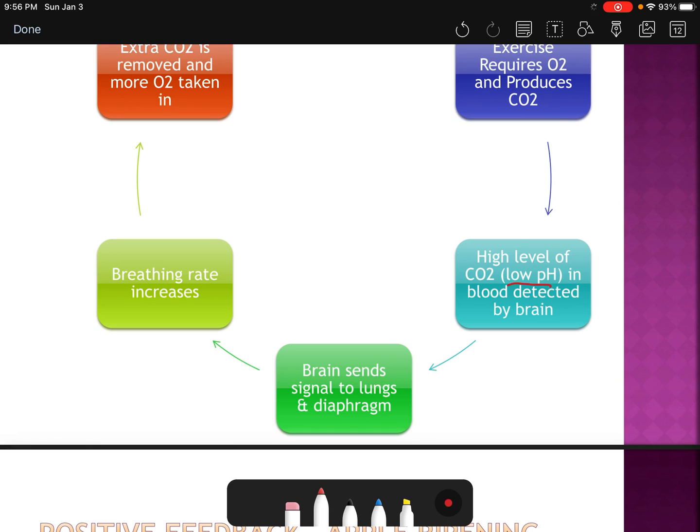The brain then sends a signal, again via the nervous system, which is your communication system.